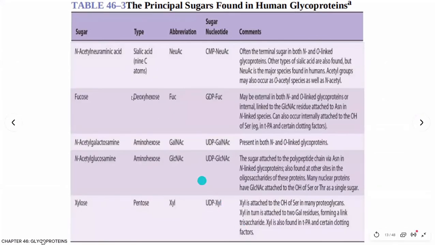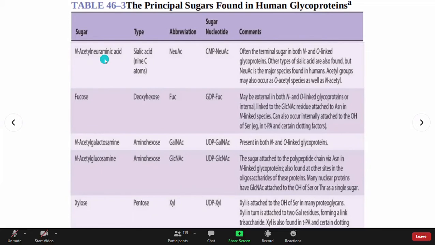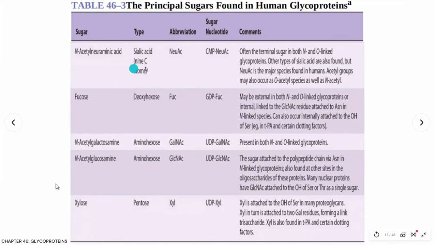Then you have N-acetylneuraminic acid. Type, it is a sialic acid, 9 carbon atoms. This is the abbreviation, N-acetylneuraminic acid. And the nucleotide carrier is CMP, cytidine monophosphate. Often seen as a terminal sugar in both nitrogen and oxygen-linked glycoproteins.